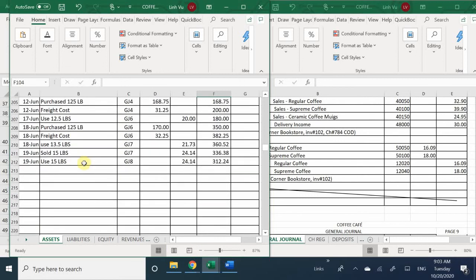Here's my regular coffee. General journal number 8.